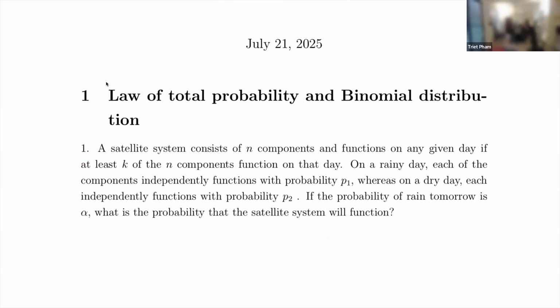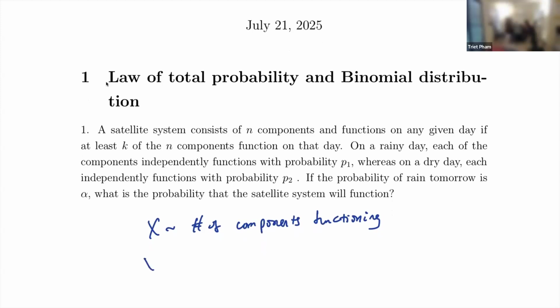First of all, there is a random variable that we need to be interested in, which is the number of components functioning. What do we know about this random variable?